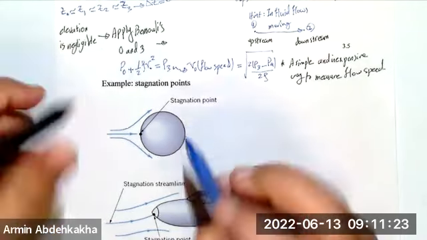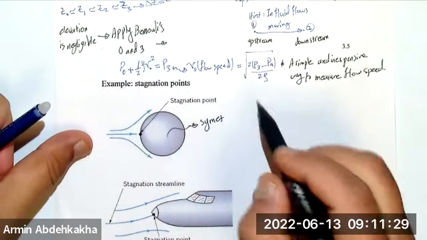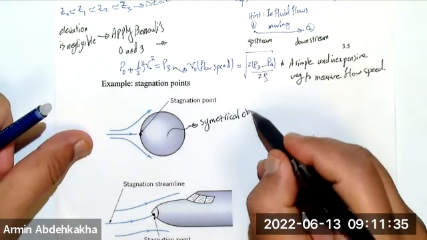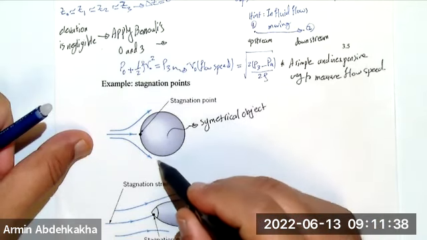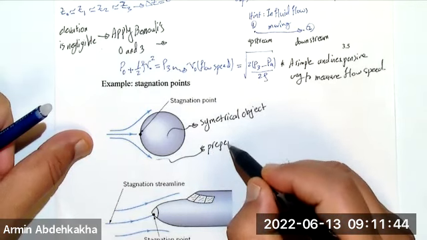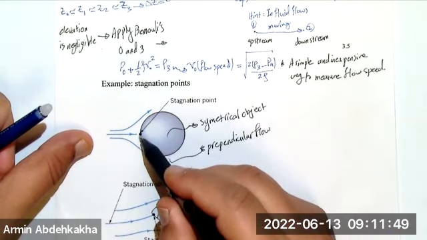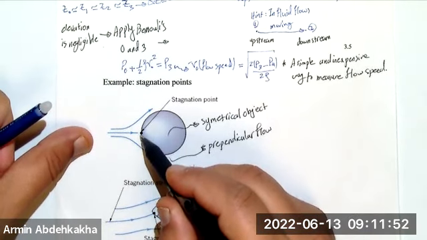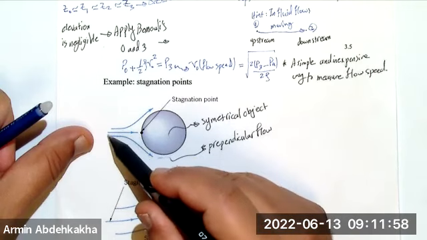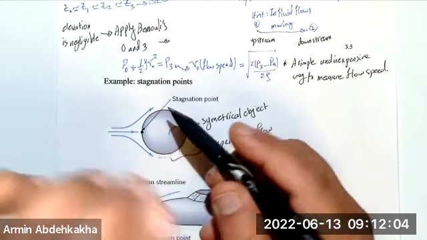When you have a symmetrical shape or object in front of the perpendicular flow, you will have a stagnation point at the start, at the front of these two objects. So the flow should be perpendicular to the object, and the object should be symmetrical.